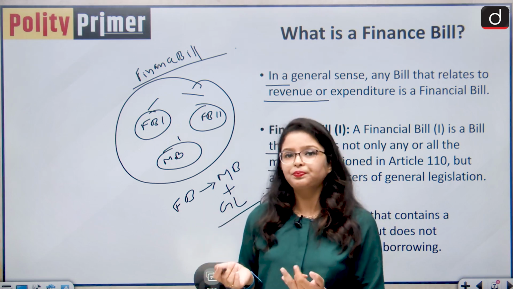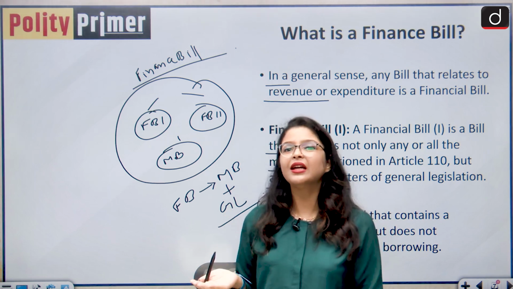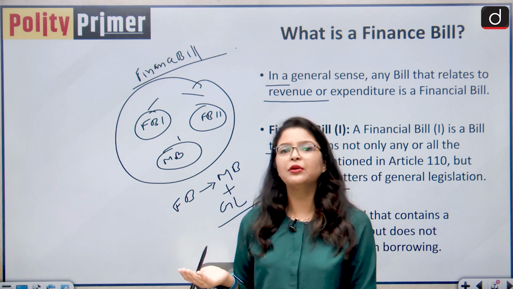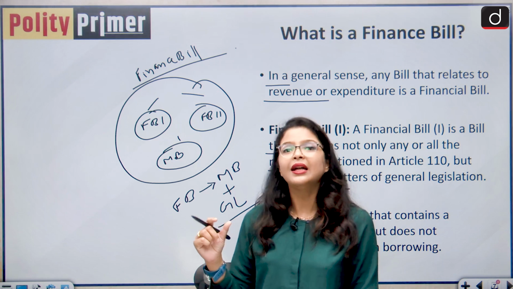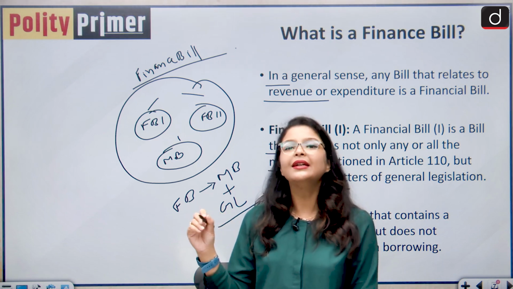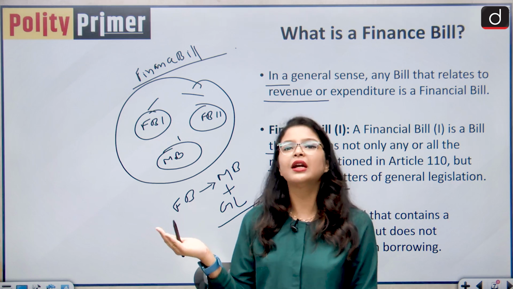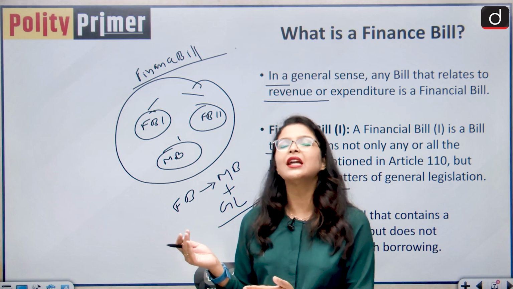Then there is the central fund bill, which was introduced in the parliament and aimed to impose a cess on the petrol and diesel vehicles running on the national highways, so as to maintain the national highways.